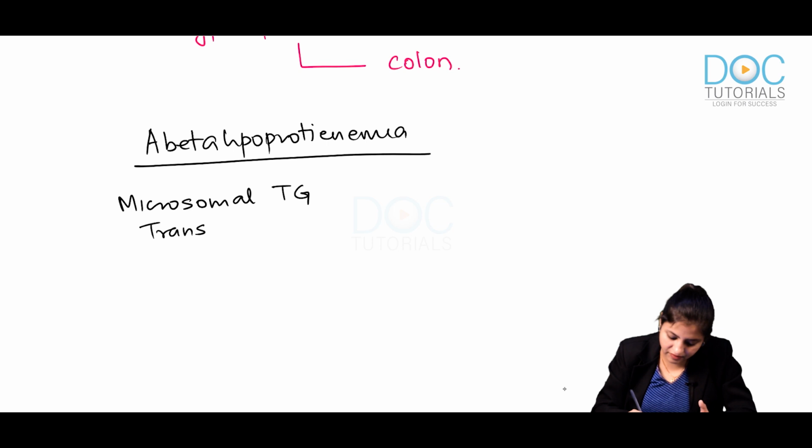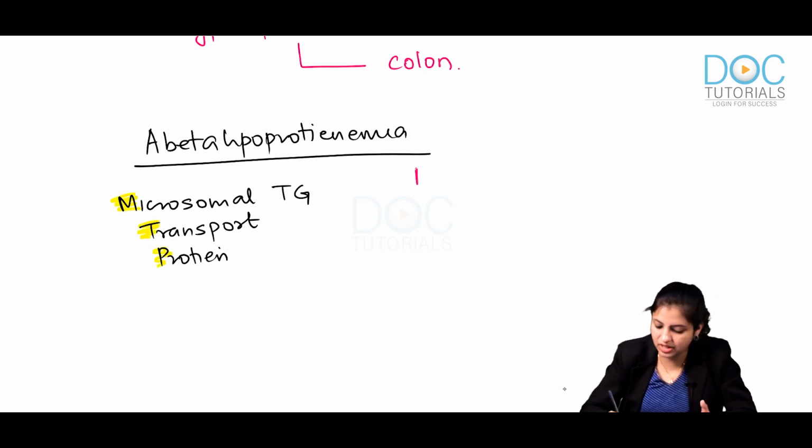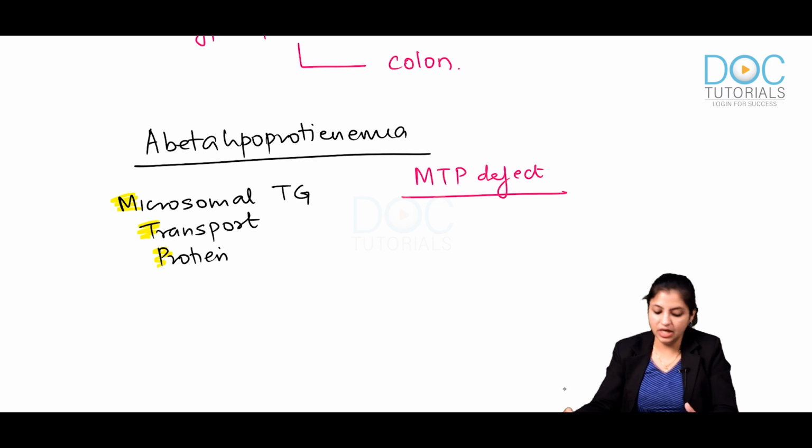That's what is commonly given to you in exam. It is an MTP defect. I hope you understand what MTP is now: it is a microsomal triglyceride transport protein defect.